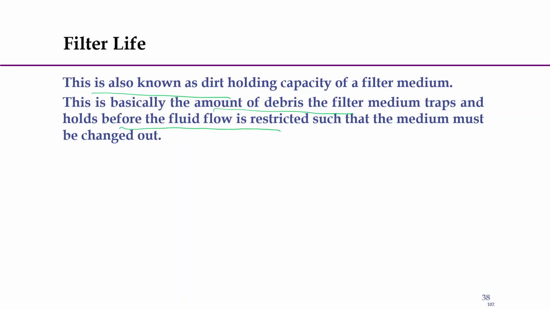So, to a greater level, the pressure drop becomes very high. That means at that level we cannot run the filtration system, and the filter fabric needs to be changed. That is called the filter life.